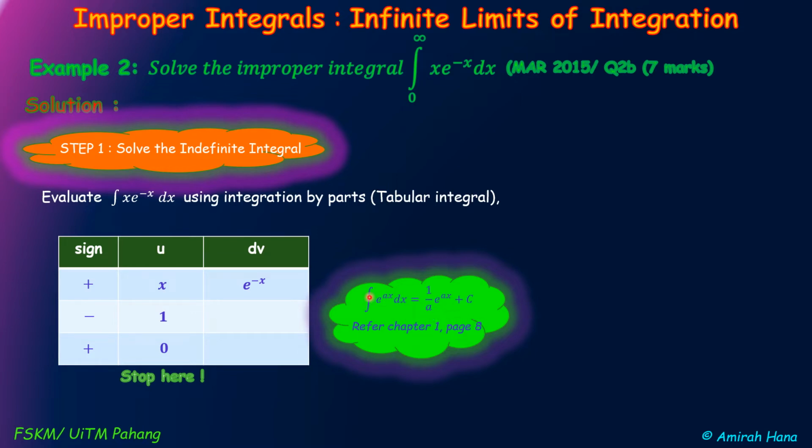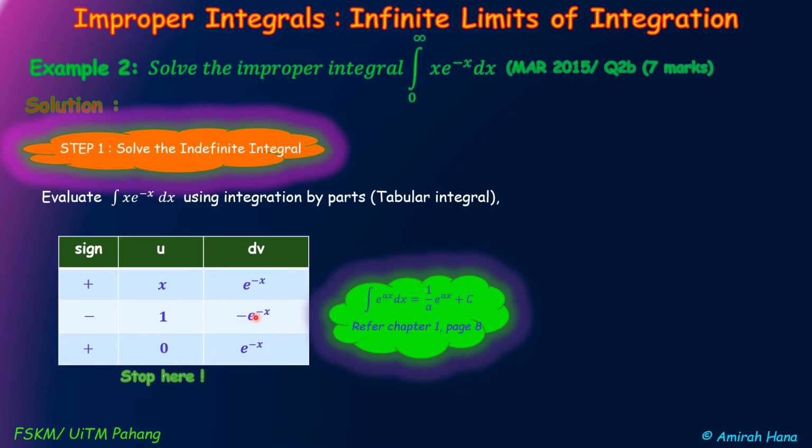So our a now is negative 1. After we integrate, we have e to the power of negative x over negative 1. Over negative 1 means negative, so negative e to the power of negative x.